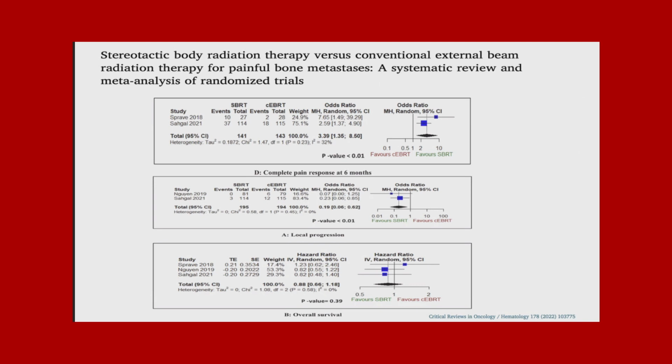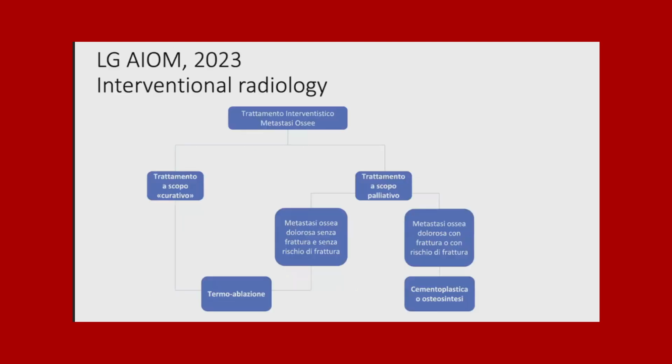As you can see, in terms of complete pain response at 6 months, local progression, and overall survival, there is a trend of increase of complete pain response, local progression control, and overall survival in favor of stereotactic bone irradiation.